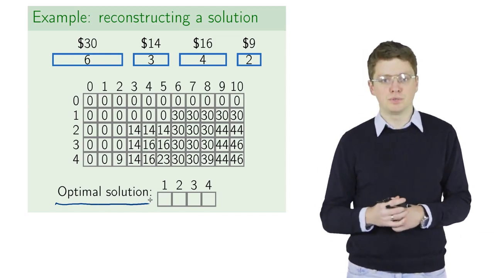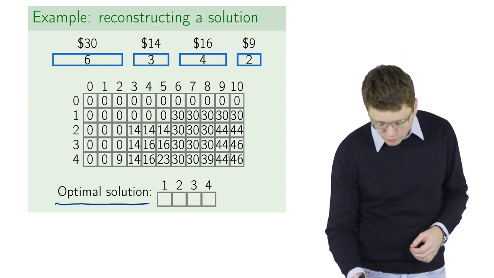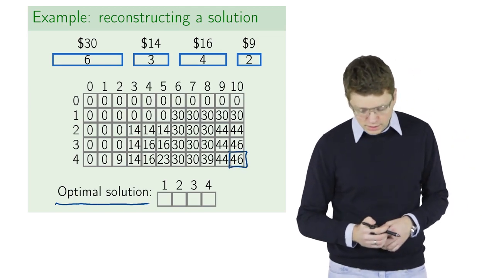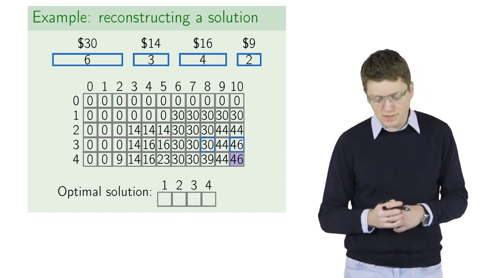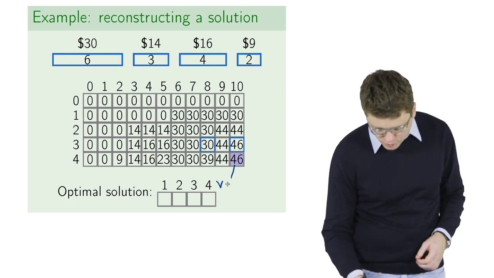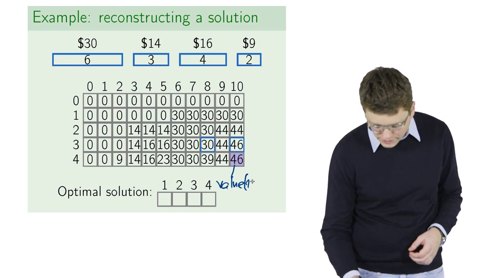Now, what we're going to do is to backtrace the path that led us to the optimal value 46. In particular, let's try to understand how this value 46 was computed. Well, first of all, 46 is formally value of 10, 4.